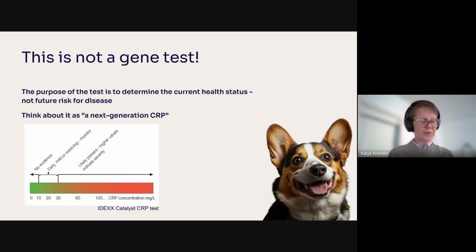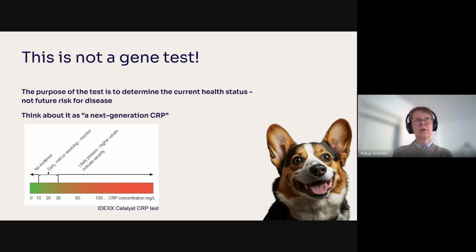And I just wanted to say at this point that when we talk about liquid biopsies, we talk about cell-free DNA, we talk about tests from others, from PetDx, from Volition, from CanCan, from us. These are not gene tests. So the purpose of all these tests is to determine whether there is disease in the body right now. So what is the current status?